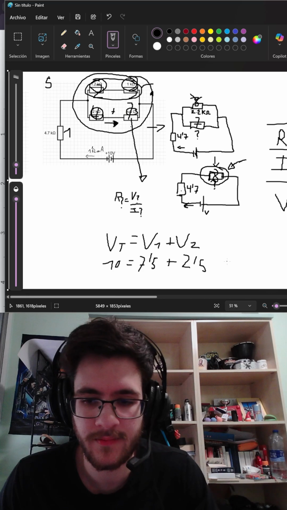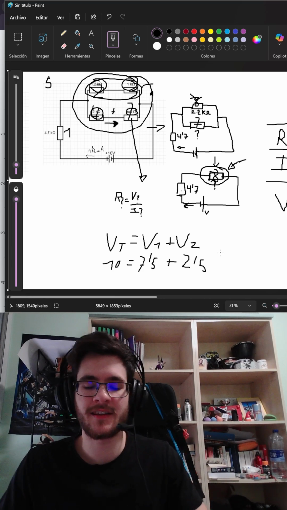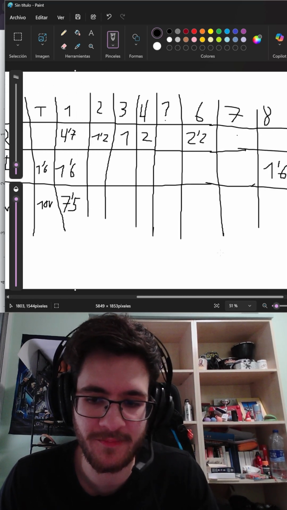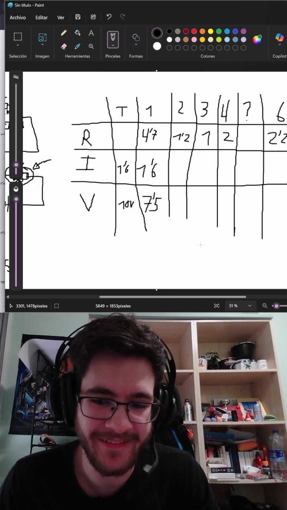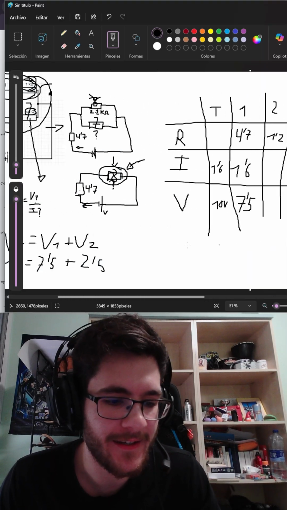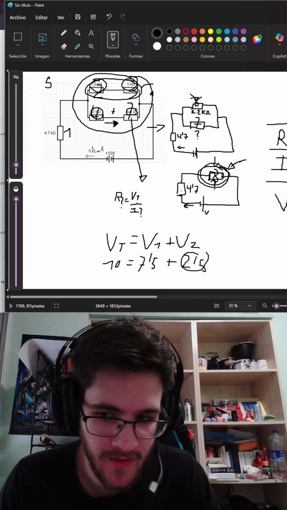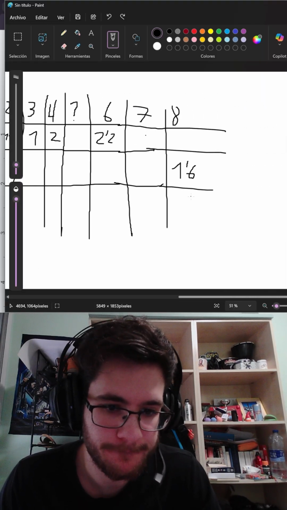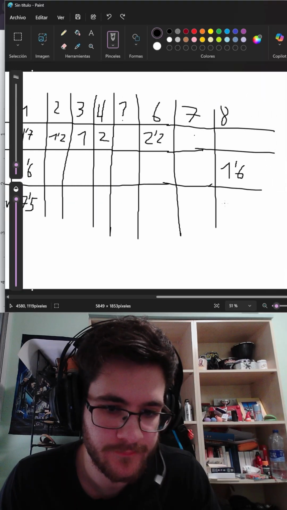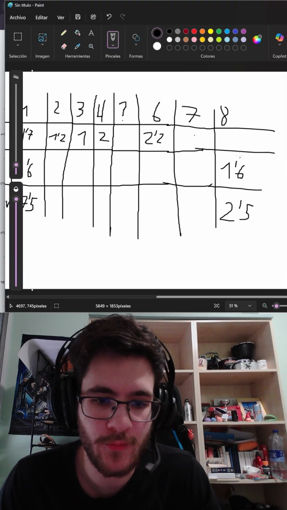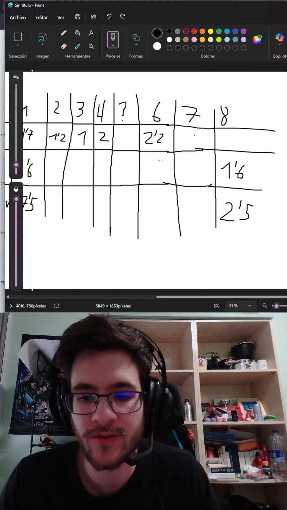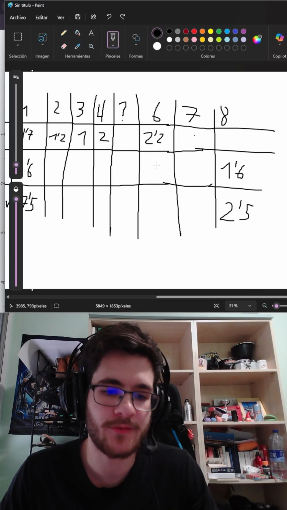Okay, if you don't understand this, ask your math teacher because you're a bit cooked. And then, what is 2.5? The voltage of the 8 resistance. With this, we can also calculate the resistance of this one the same way as before.